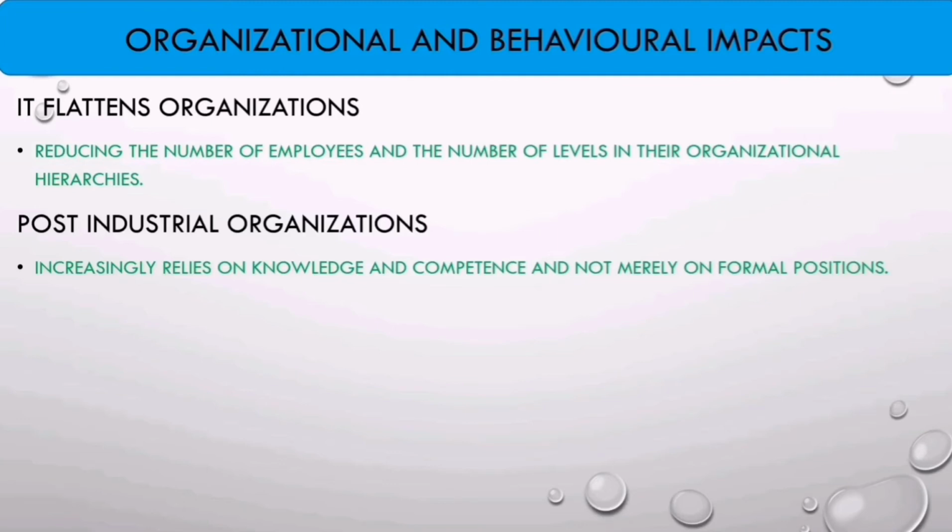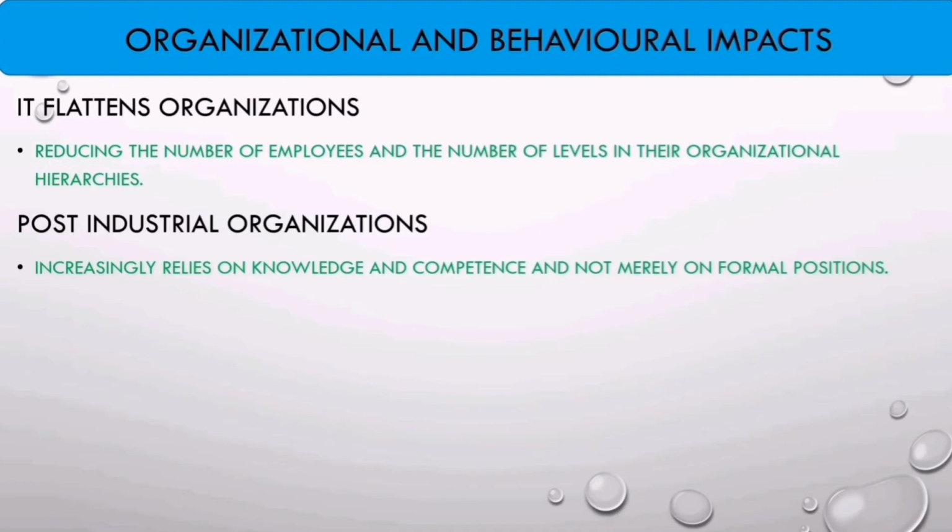Organizational and behavioral impact also includes the post-industrial organization. The shape of the organization flattens because professional workers tend to be self-managing, and decision-making should become more decentralized as knowledge and information become more widespread throughout the firm.